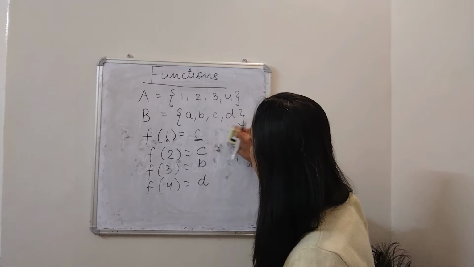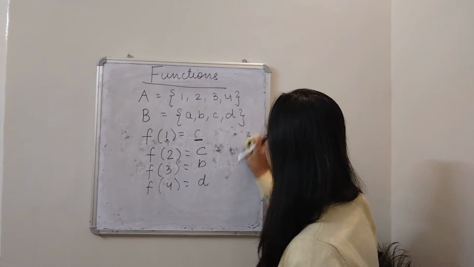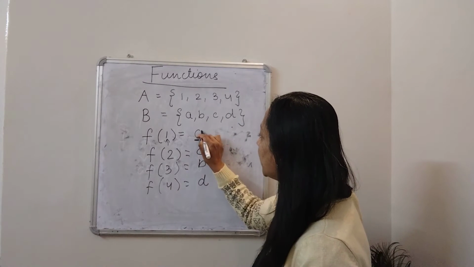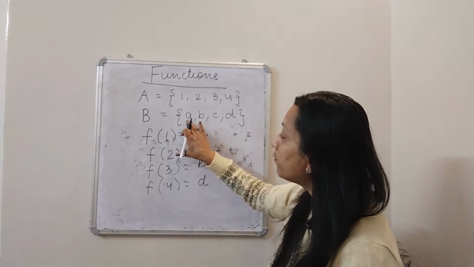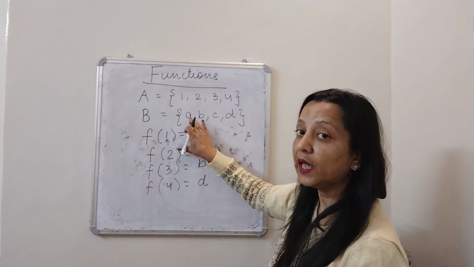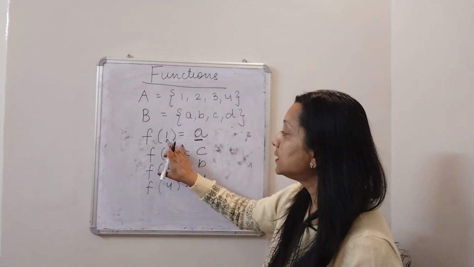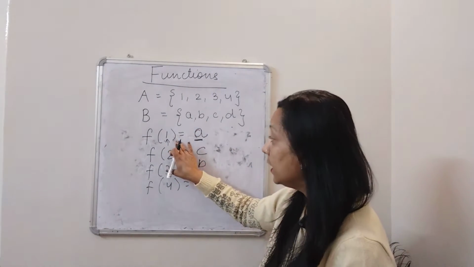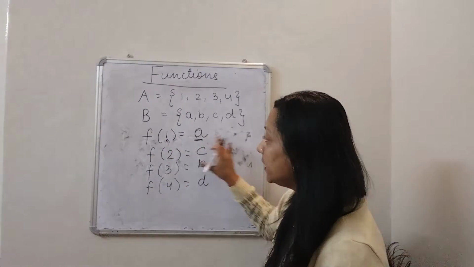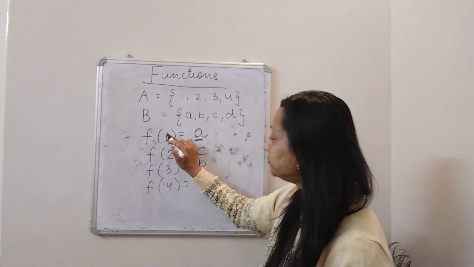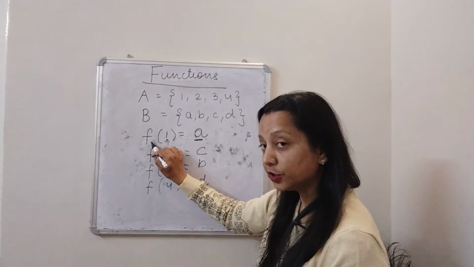So basically, when a unique element from set B is assigned to an element of set A, that is called the image of that element at function f.